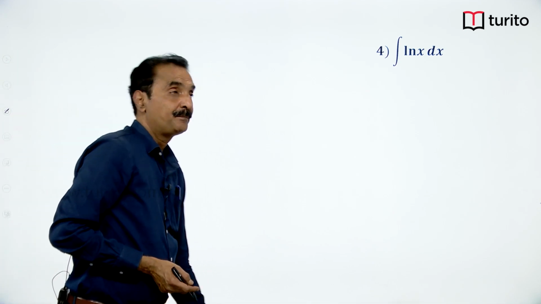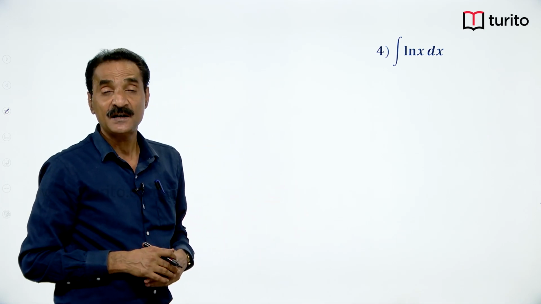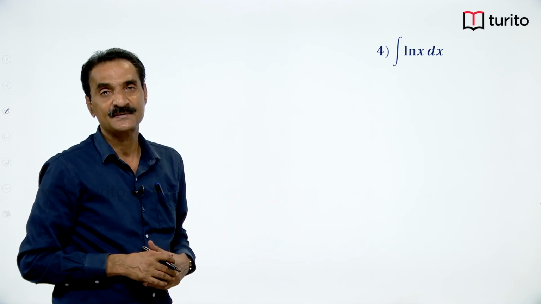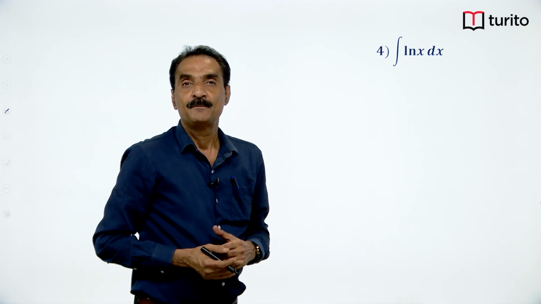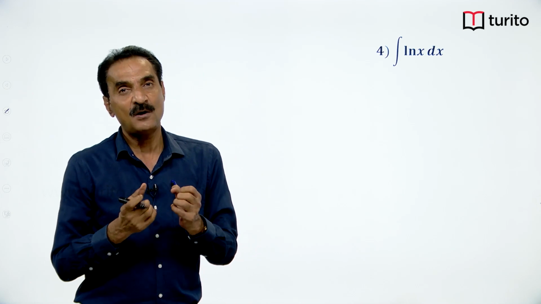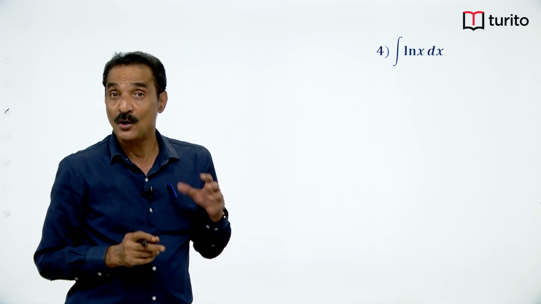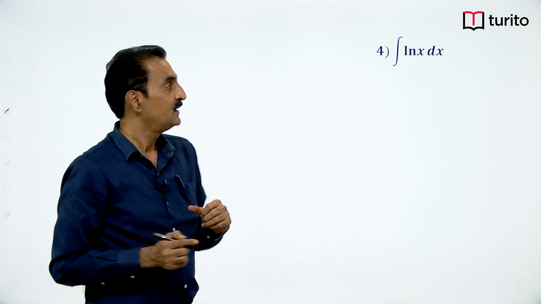Next, so far we have not discussed the formula for integral of ln x or log x. Now, those functions which do not have integrals by the previous methods can be integrated now by using by parts.